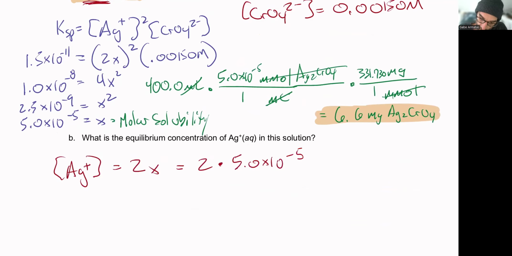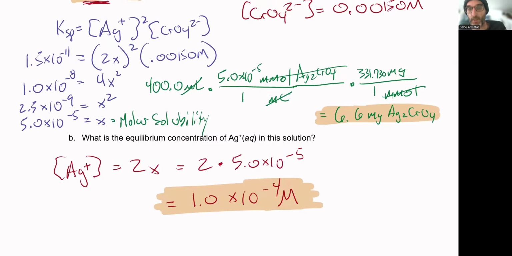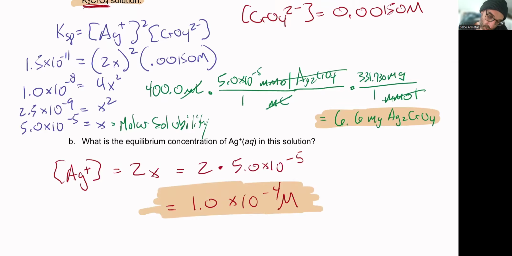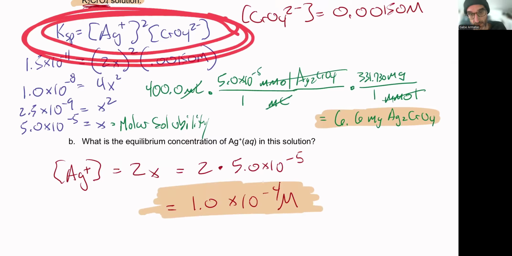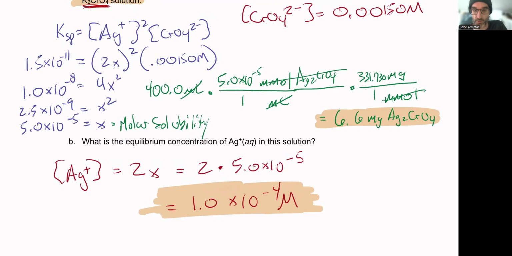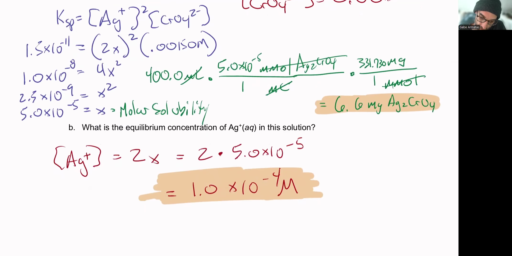So the concentration is 1.0 times 10 to the minus 4 molar. And we're going to highlight that. That is the concentration of the silver ion. Don't get caught up in all the different numbers you have. Just recognize that it really always comes down to the concentration and solving for X. So here we go. That is the concentration of silver ions in solution.